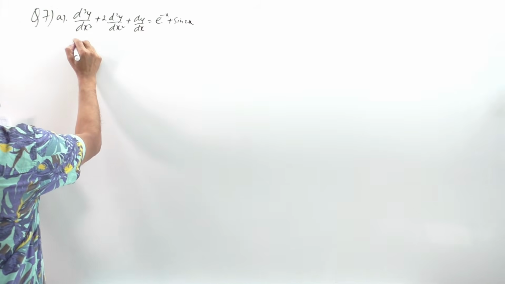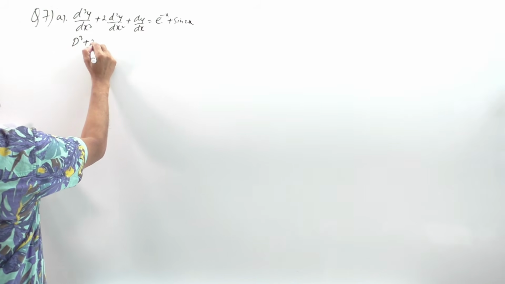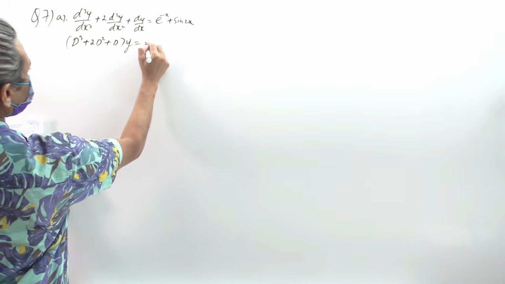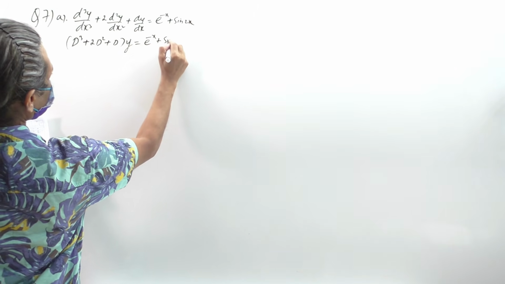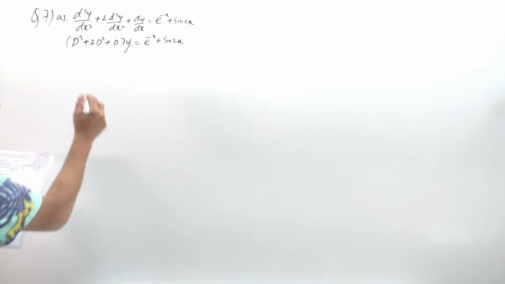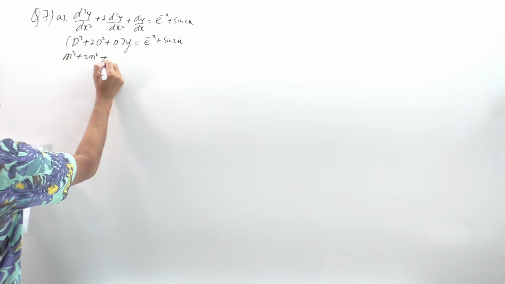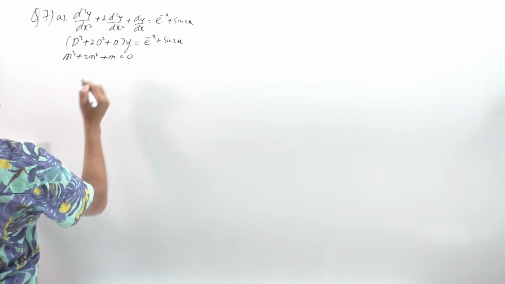So first let's find the CF here. So first it will be D³ plus 2D² plus D into y equals e raised to minus x plus sine 2x, right? So this will be now m³ plus 2m² plus m is equal to 0.